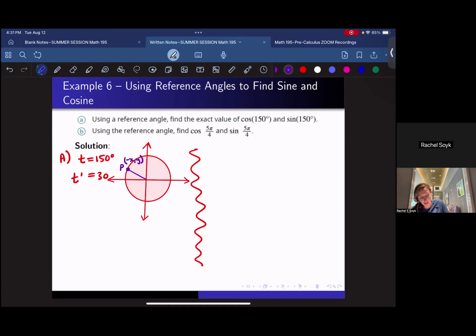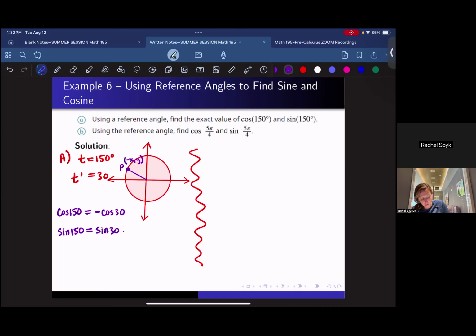That tells us that cosine of 150 is the same as negative cosine of our reference angle 30, and sine of 150 is the same as positive sine of 30.